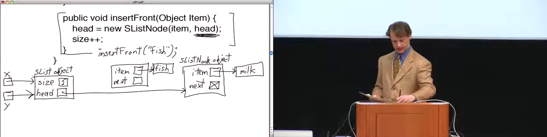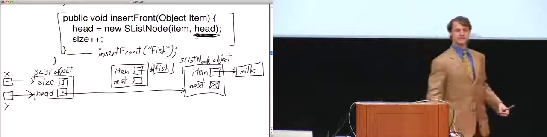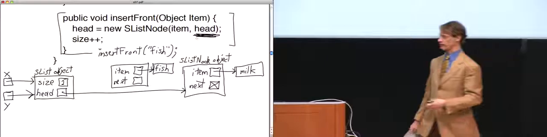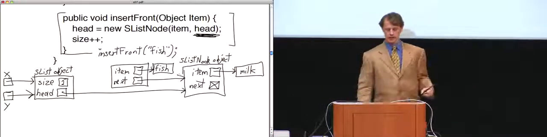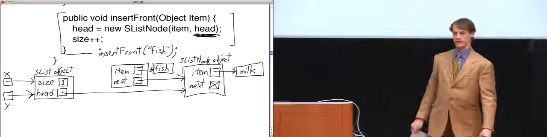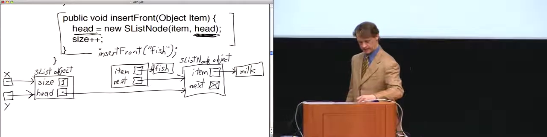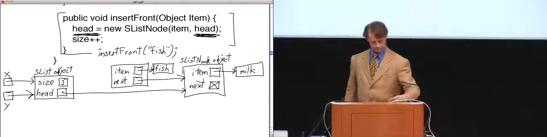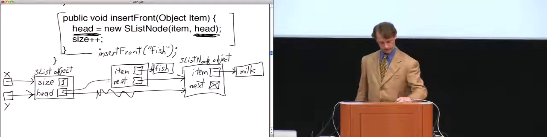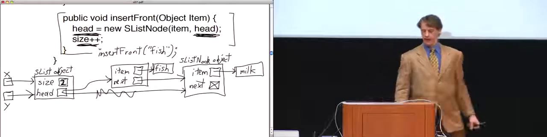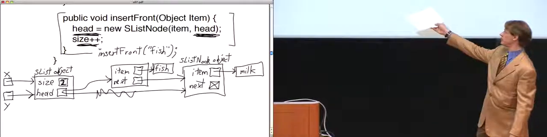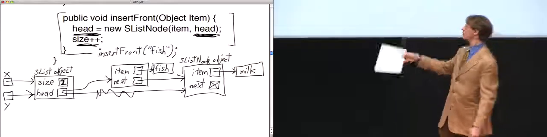So here we're passing in the head of the list as the next field of this new node we're creating. So the head gets copied into this box here. Now that we've constructed that new node, we can fix the head of the list to point to the new first item in the list. And we update the size so that it's now 2 instead of 1. And you'll notice that now we're happy, because when your roommate goes to buy groceries, they won't forget the fish.